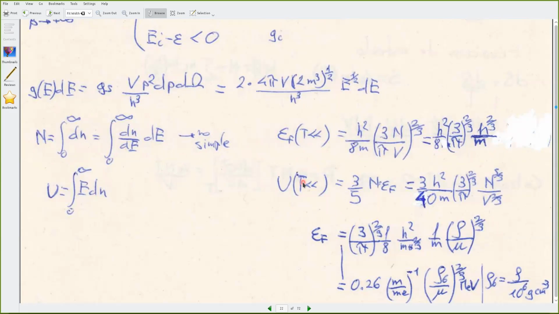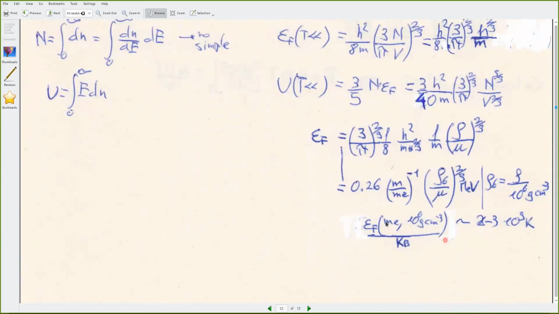And so the total energy of the gas is connected with the Fermi energy and the numerical density. Here you can see more or less a value can be 0.27.